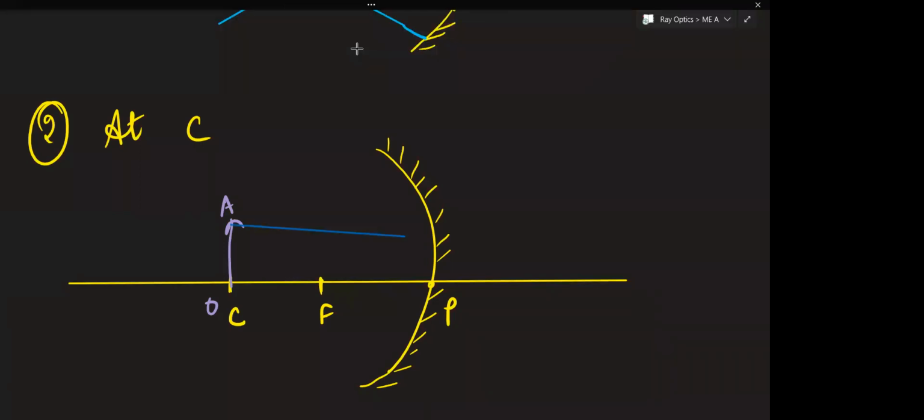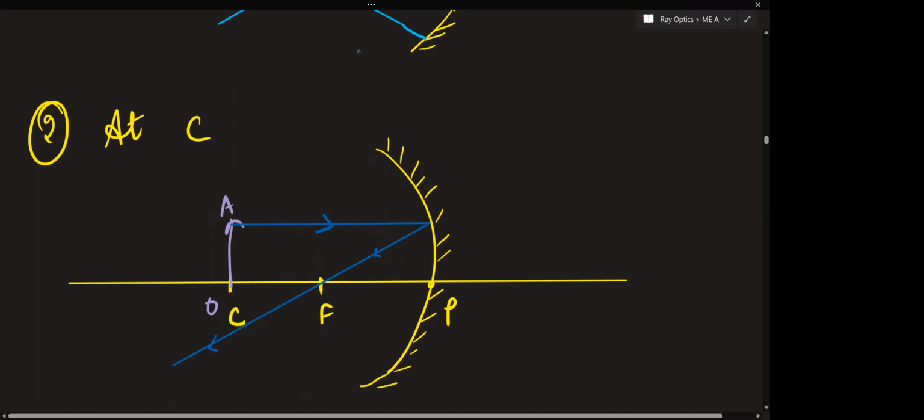So this light ray will be reflected by the mirror and it will pass through the focus of it. Fine, this passes through the focus. What happens to the second ray?